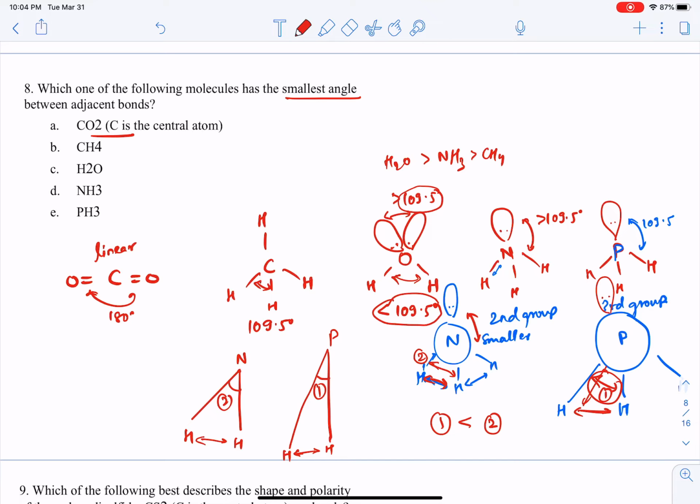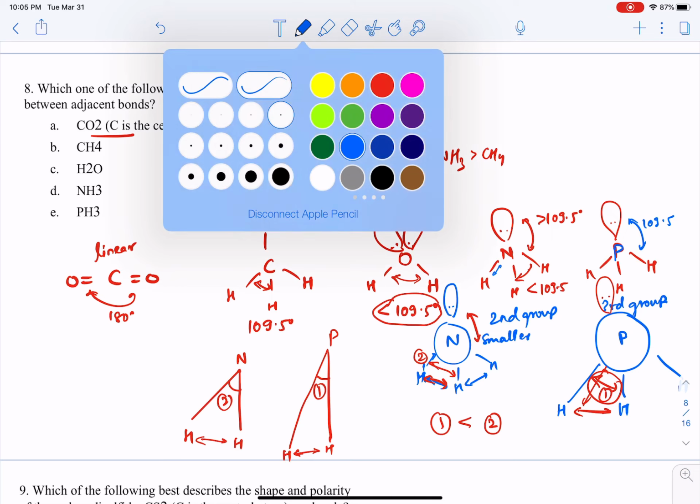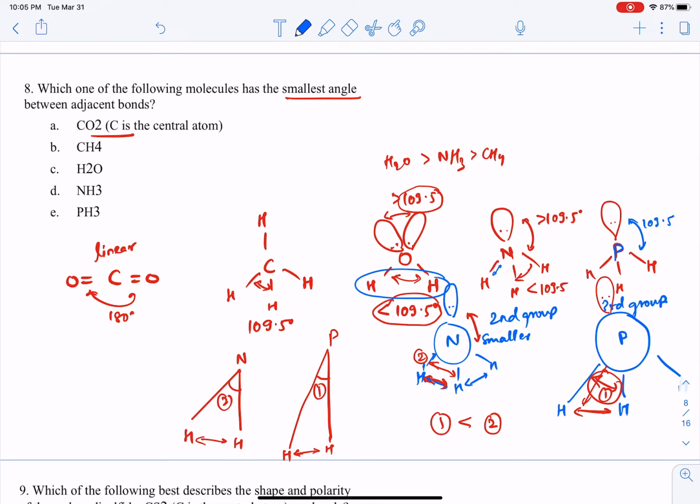So we have to go with the smallest angle. We have to find the smallest angle. So this is smaller, even this is smaller than 109.5, but we know that the repulsion caused by these bond pairs would force these two hydrogens to get closer, but that repulsion will not make it that strong.